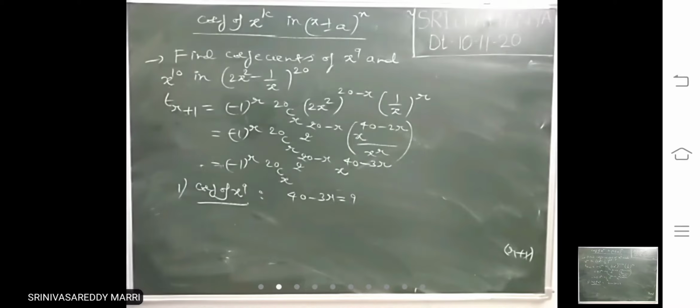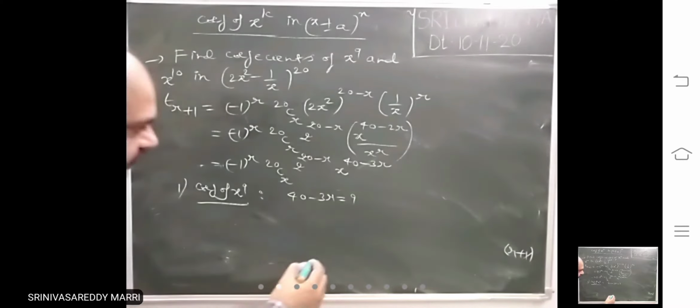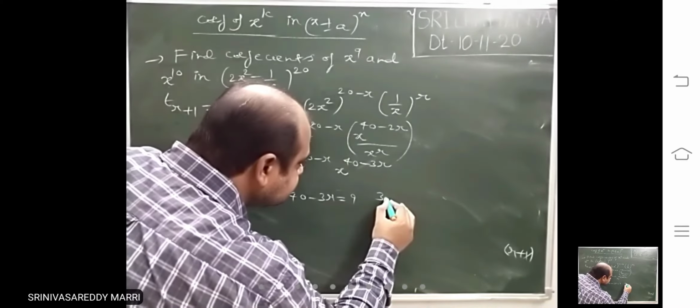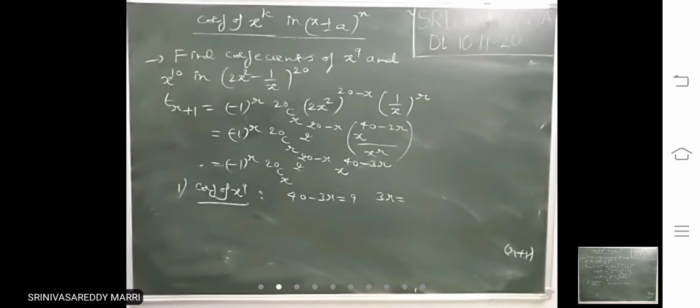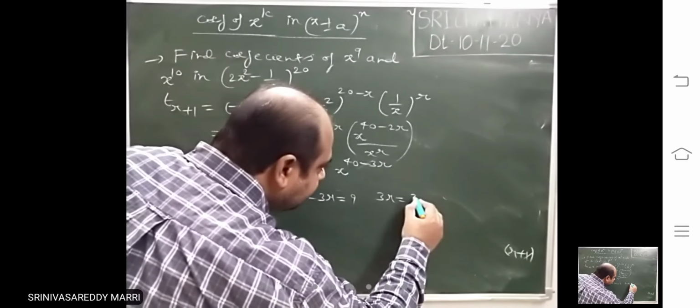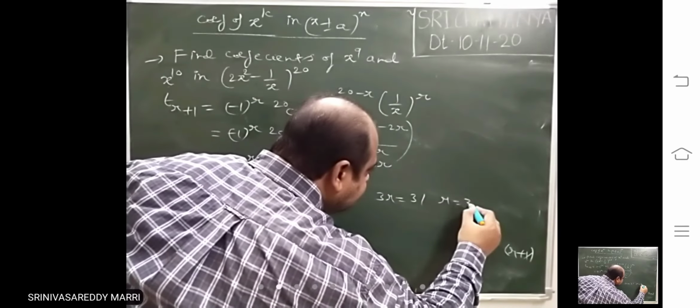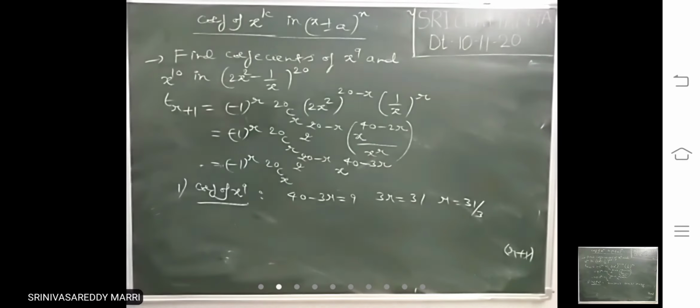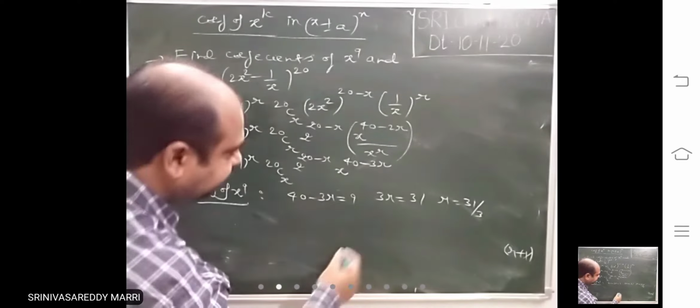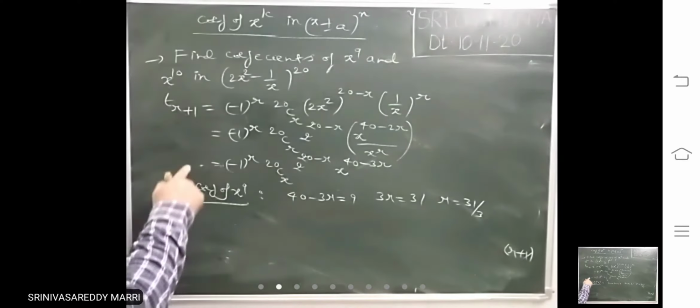Equal to 9. That means r equals 31 by 3. Not possible, because the r value is an integer.